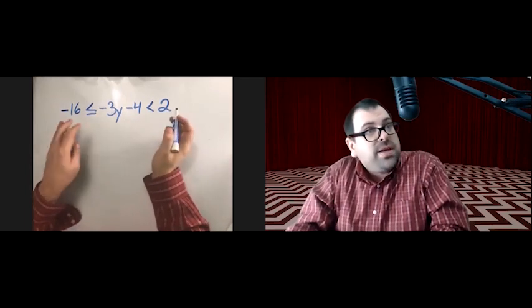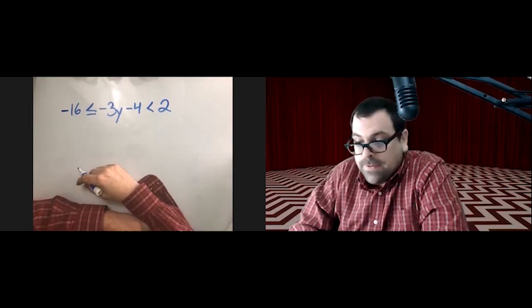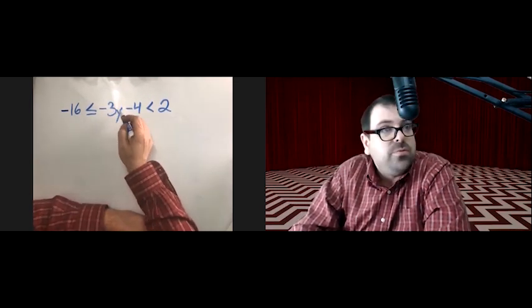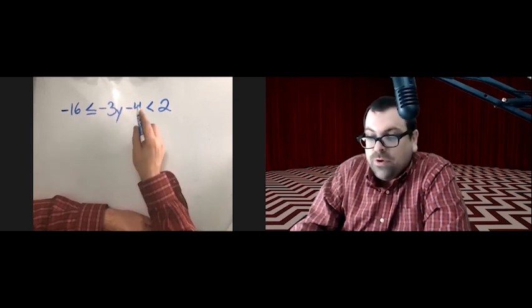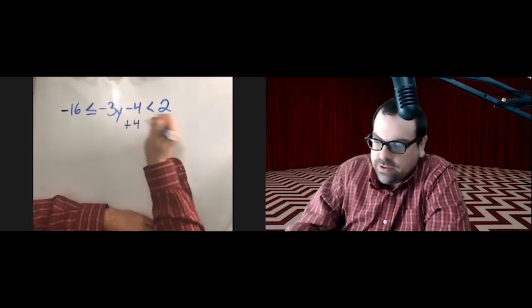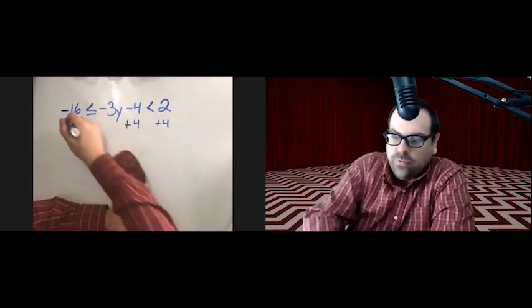Whatever we do in the middle, we have to do to both sides. We want to get the y by itself, which means we need to get the -3y by itself. We need to get rid of the -4. We do that with +4, and we do it on all 3 parts.